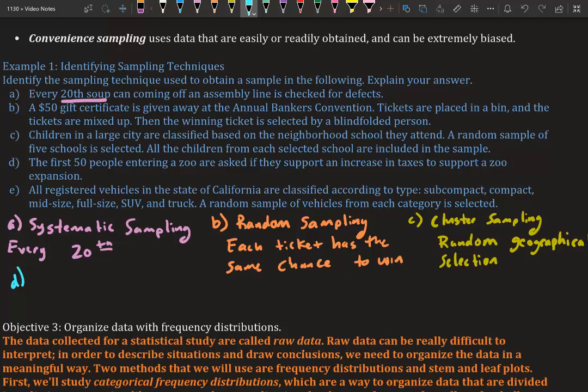So you're more likely going to support an increase in taxes to support a zoo expansion. So because it's easy to obtain data, it is very biased because again, you're going to the zoo.